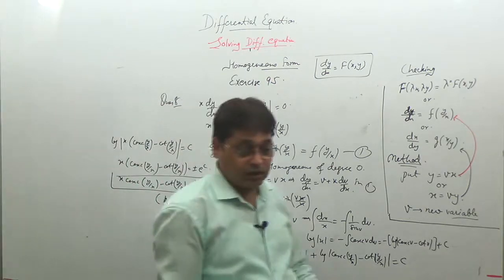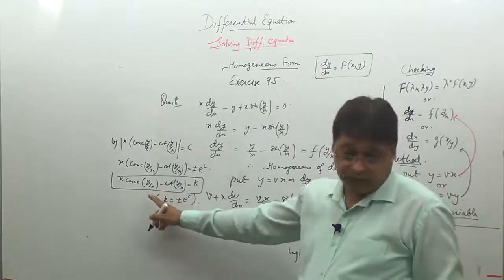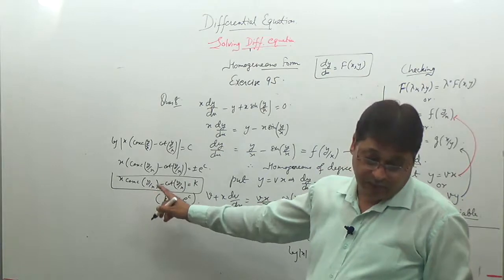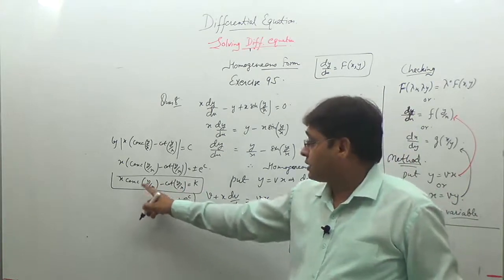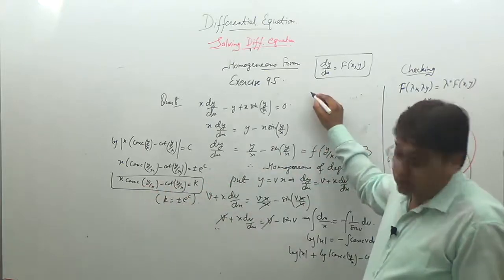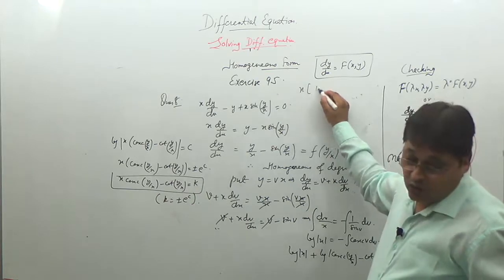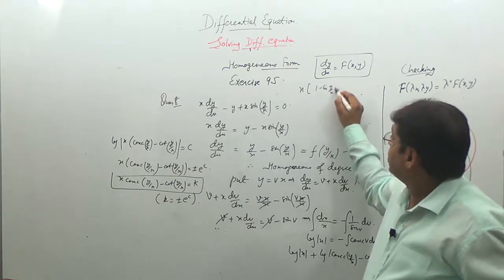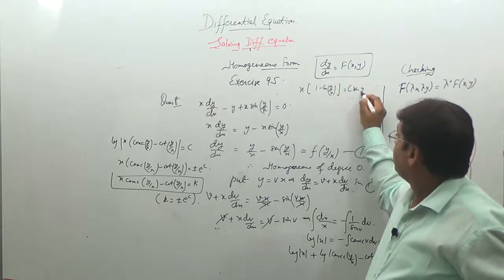And in your book also, this answer can further be simplified, can be changed to sine and cos also. In your NCERT book, the answer is 1 minus cos y upon x is equal to c sine of y upon x.